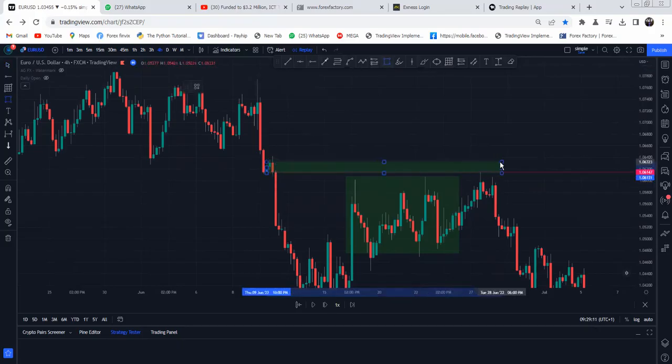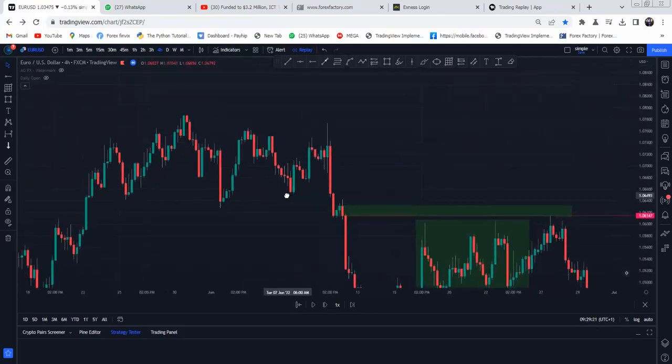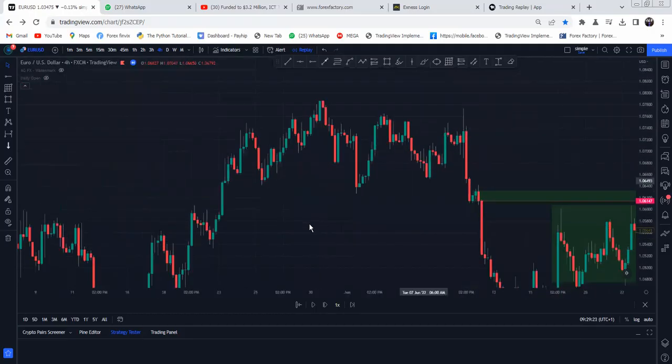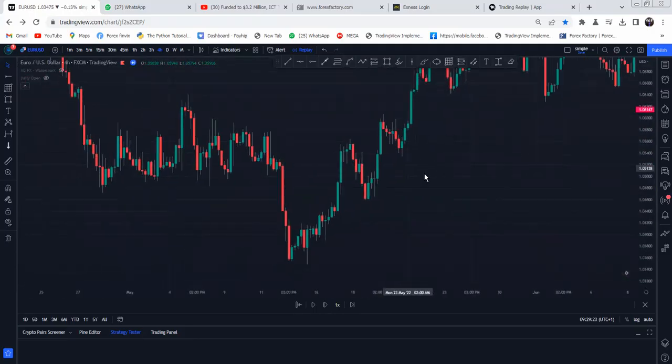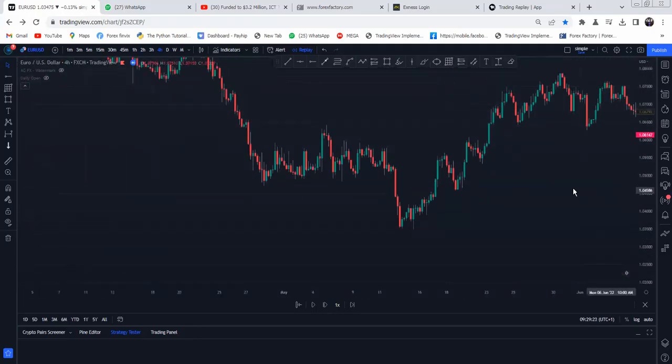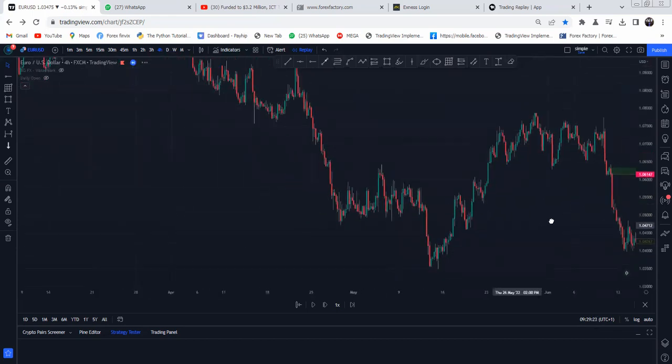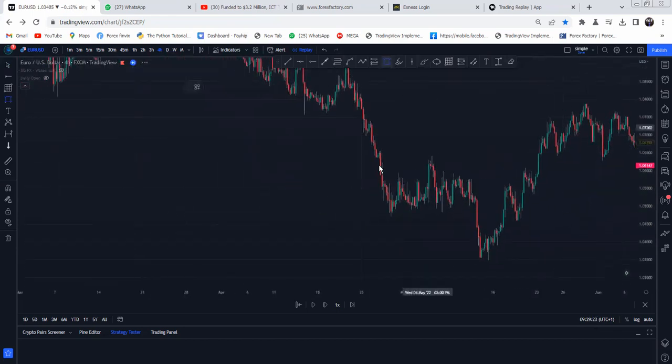So price was accumulating without hitting this, so it gave some equal highs. What are you expecting? Price to grab this and then start dropping, as simple as that. This happens on all time frames, and it's always in line with your institutional order flow.